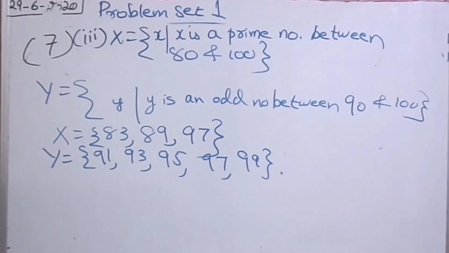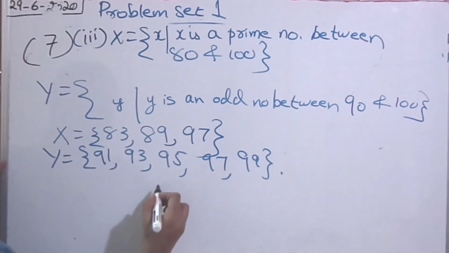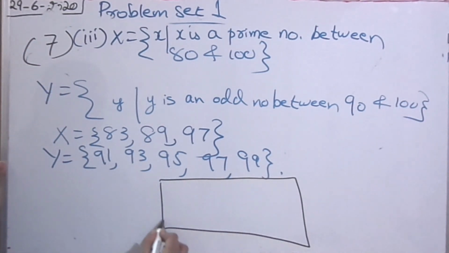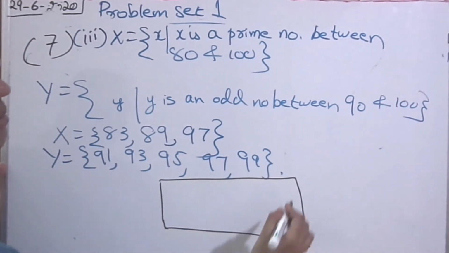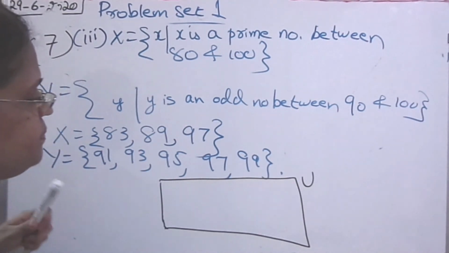Okay. So now let us draw the Venn diagram for this. We represent universal set by a rectangle. Use your ruler and pencil to draw. Universal set. Now let us draw the two subsets.